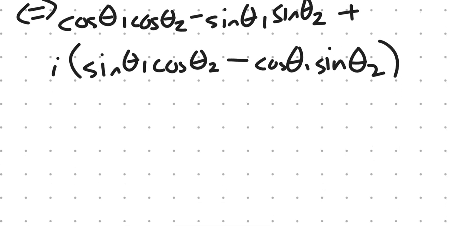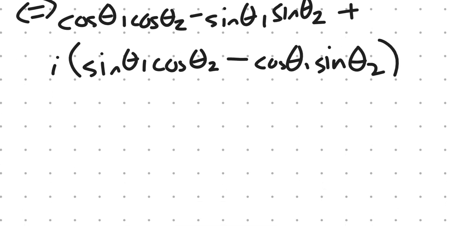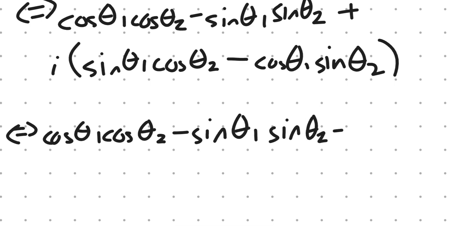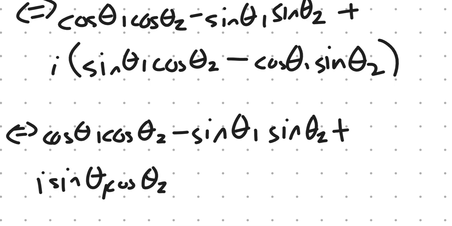Now we're going to multiply this out with the i's, so we're going to get cosine theta 1 cosine theta 2 minus sine theta 1 sine theta 2 plus i sine theta 1 cosine theta 2 plus i cosine theta 1 sine theta 2.